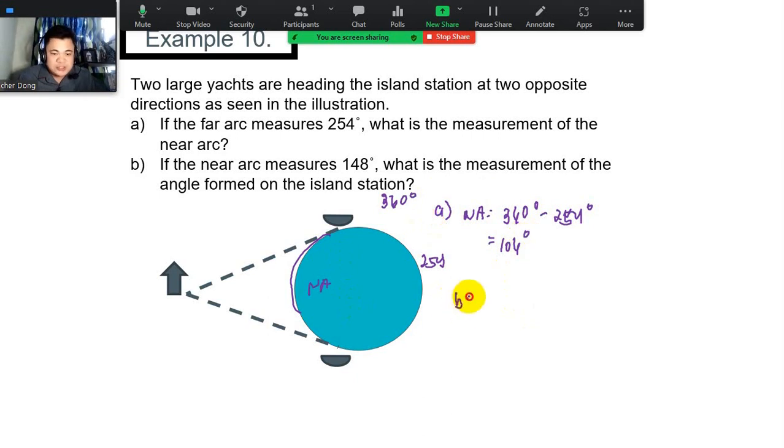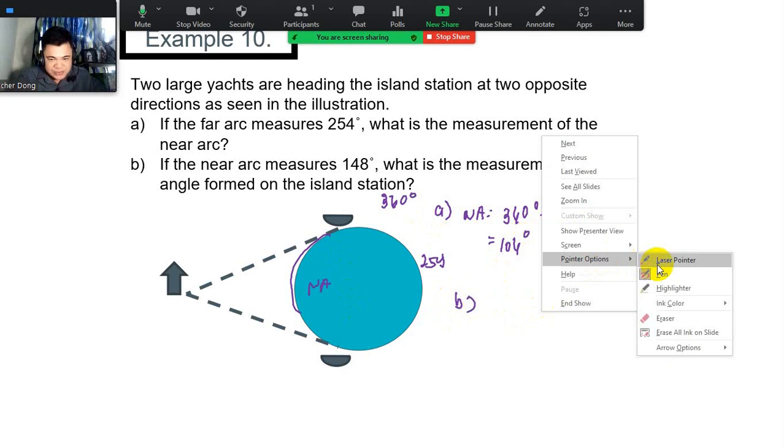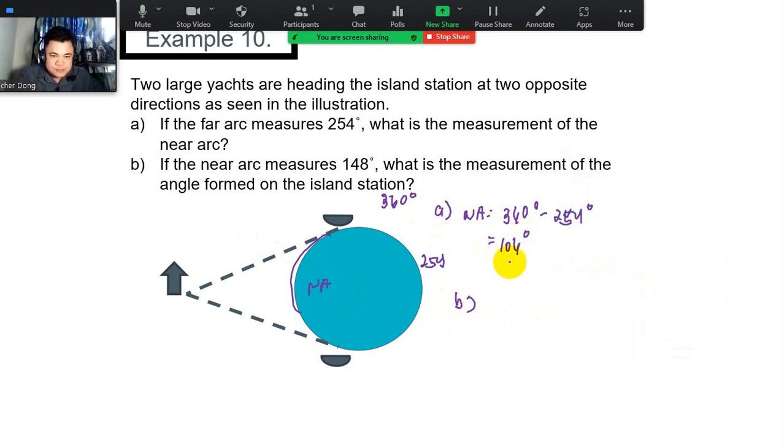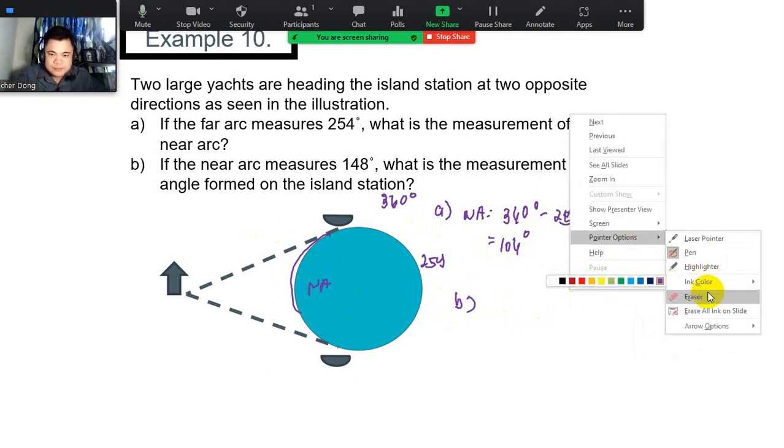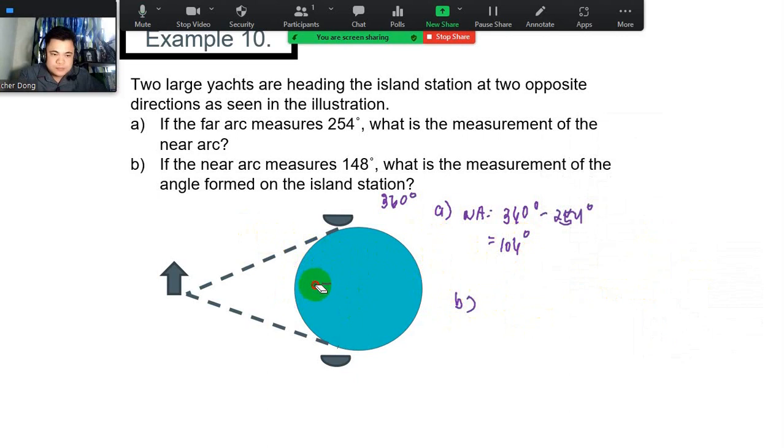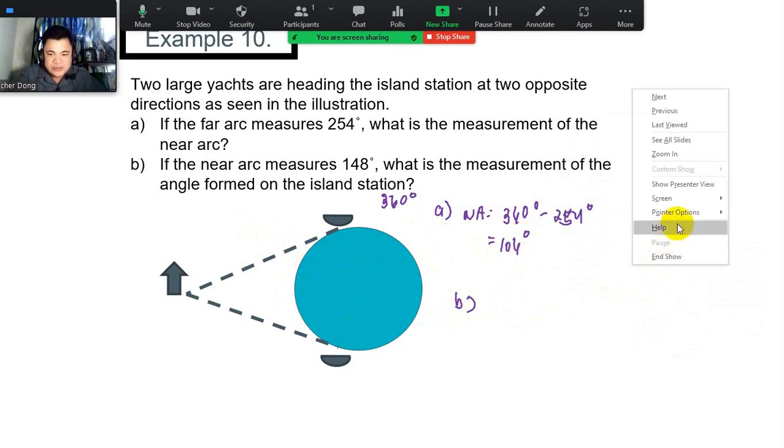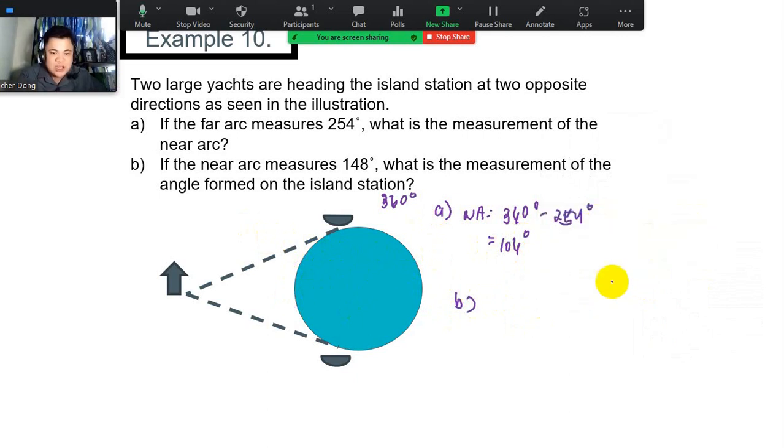Now let's proceed to letter B. Before that, let's erase first. Okay, so just remember, analyze first the given illustration before you proceed in solving. For letter B, if the near arc measures 148 degrees, what is the measurement of the angle formed? So this is the angle formed, but we only have one measurement, and we cannot actually solve for the angle formed with one measurement, so that's why we need this.